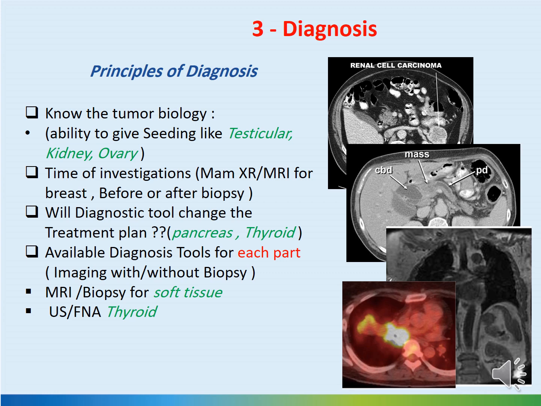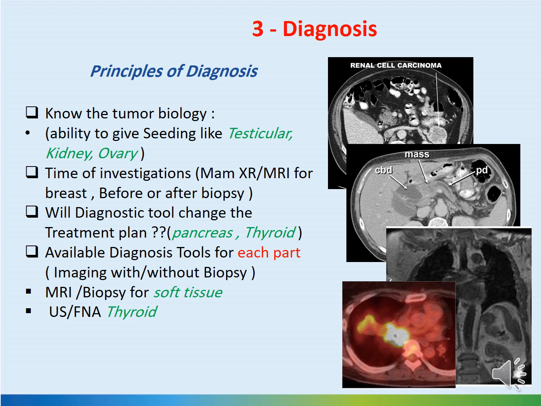Number two, we have to know exactly when to ask for an investigation, and which investigation we have to request first. When we have a suspected mass, for example in the breast, shall we go directly to biopsy, or start with a simple investigation like mammogram, ultrasound, or MRI, and then go for biopsy? It's very important. Why?